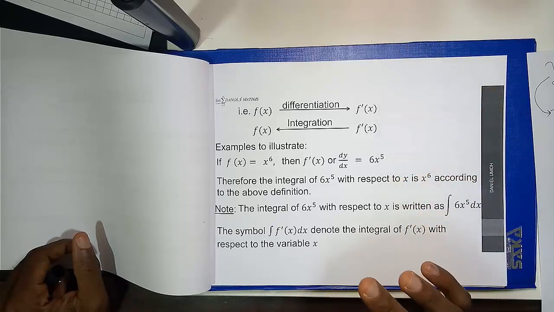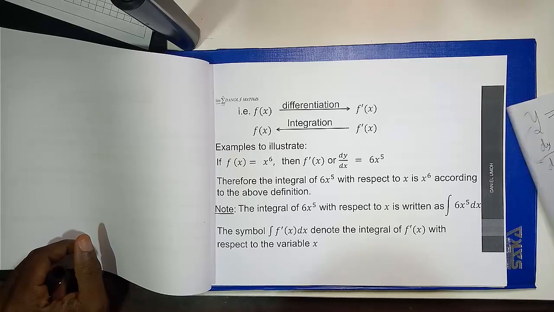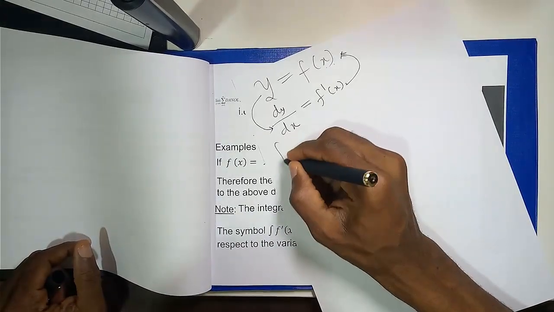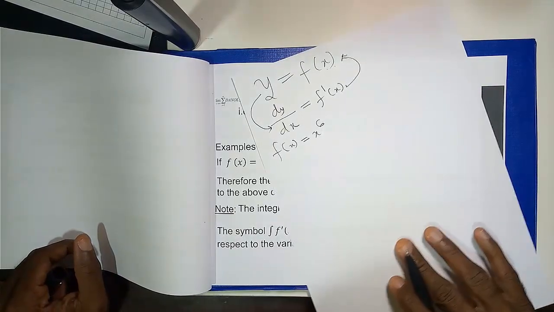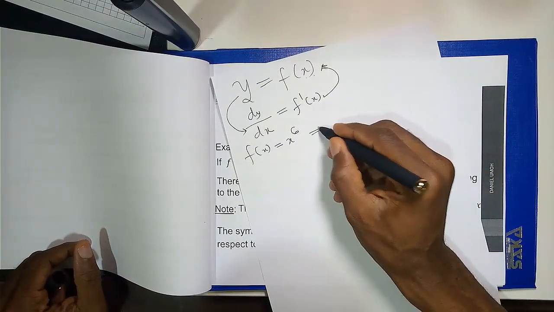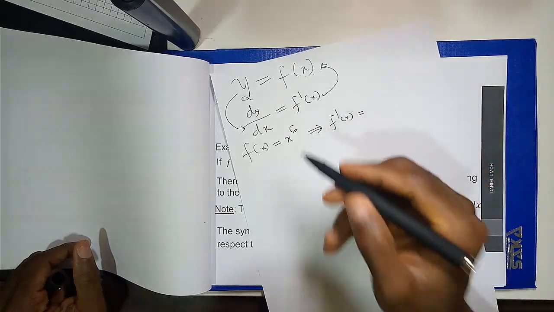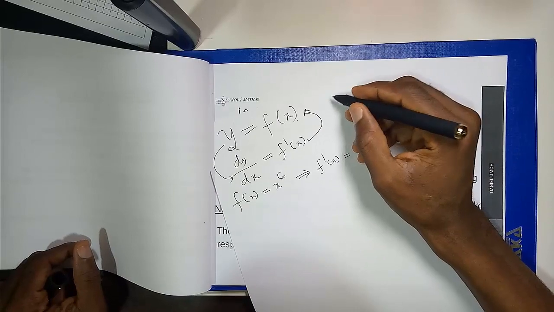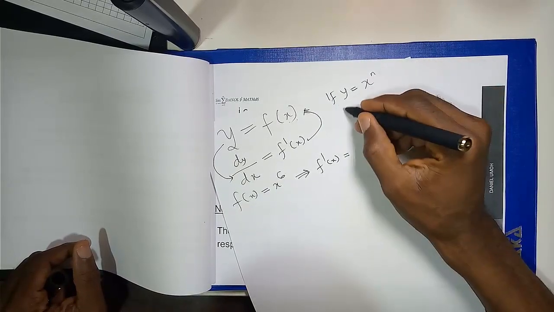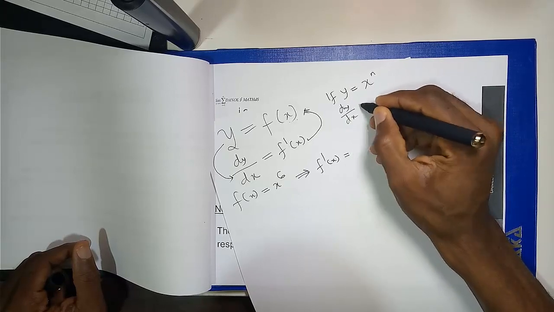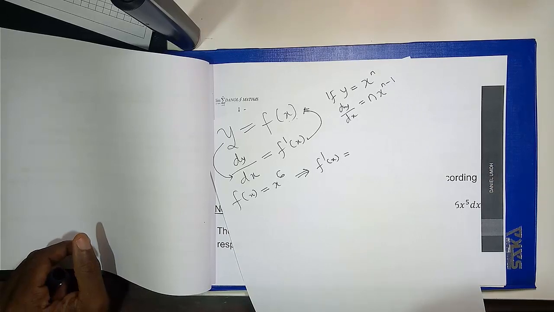Now let's consider some examples to illustrate what we have just said. If you have a function f of x equals x raised to power of 6, once you differentiate this function, you're going to have f prime of x equals, remember our rule of differentiation, that if y equals x raised to power of n, then dy over dx is equal to nx raised to power of n minus 1.